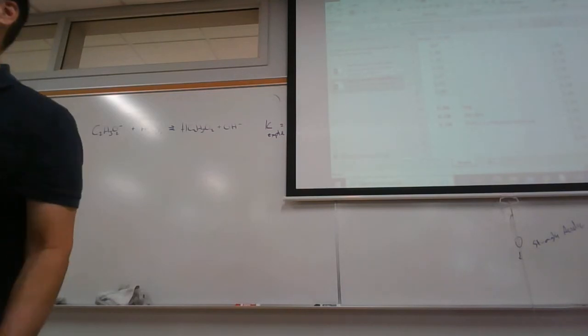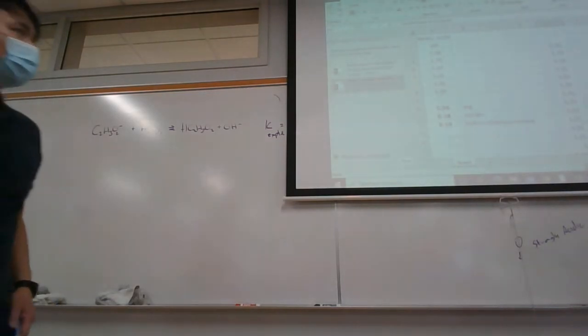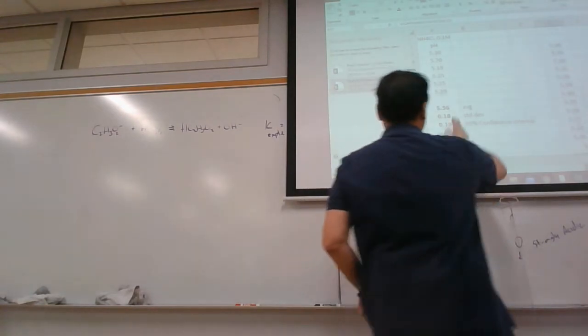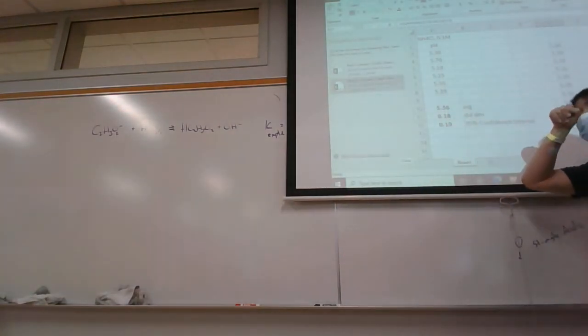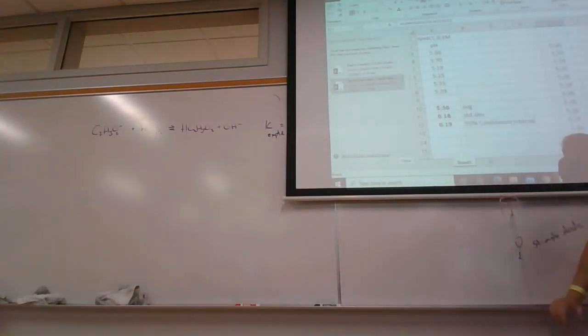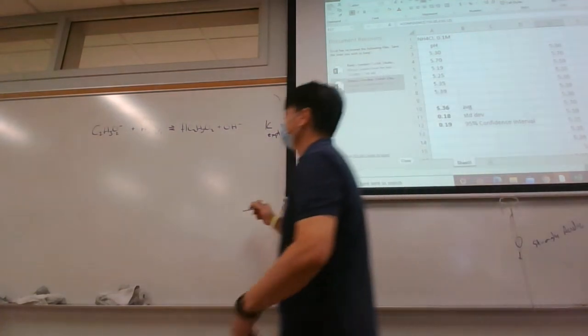I'm going to do it forward here. Technically, when we solve for the K, I should have added or factored in Kw, which I didn't. But, oh, this is ammonium, sorry. We did ammonium, not acetate.